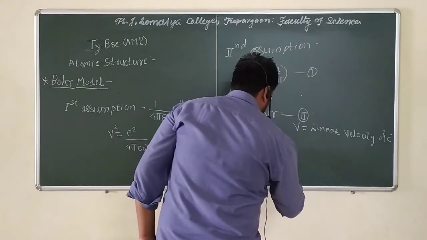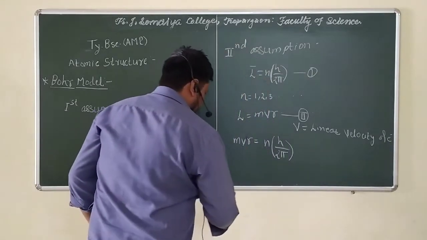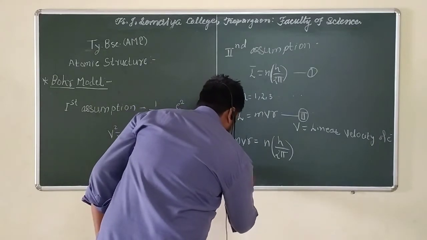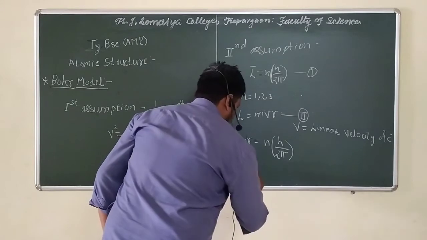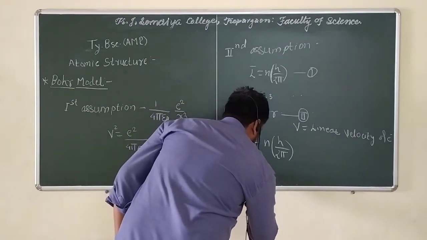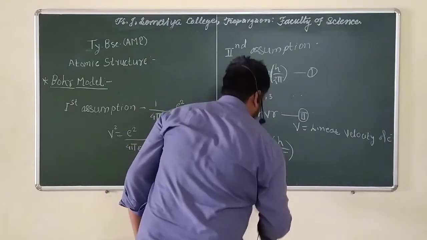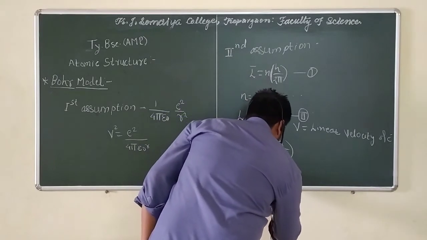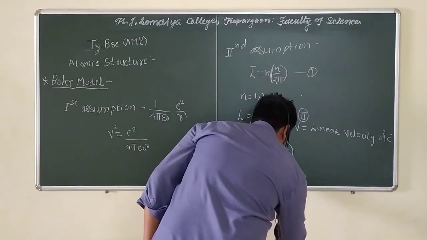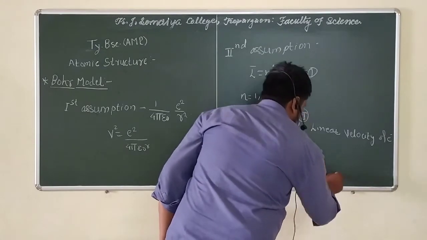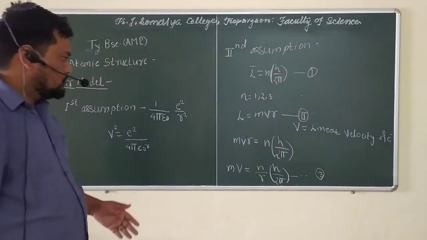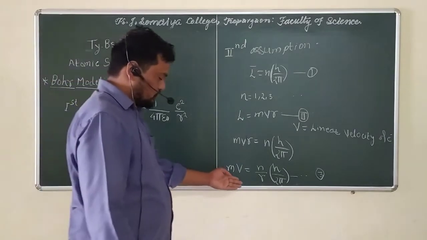That equation becomes v is equal to n upon m r into h upon 2 pi. That is equation number 3. Up to this point was seen in the last lecture.